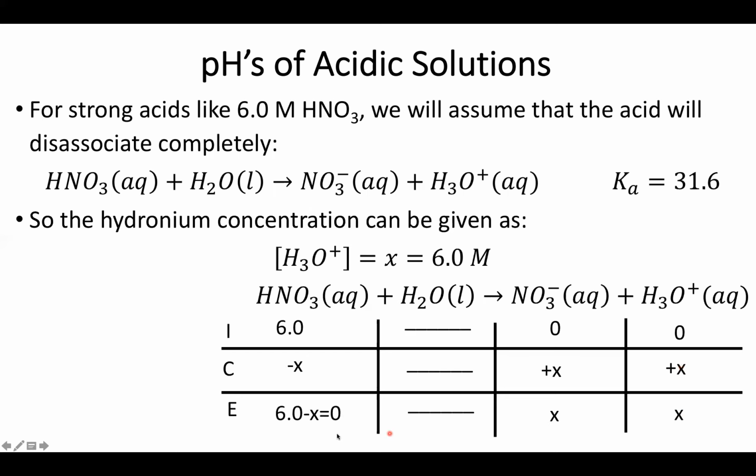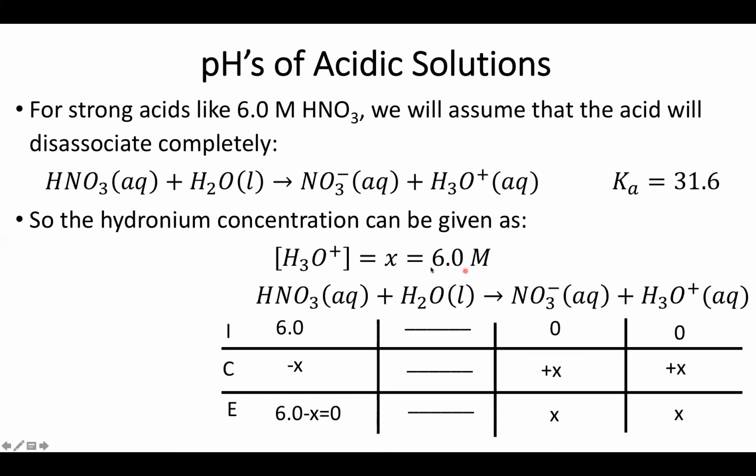So then, if this reaction goes to completion, I know that I will consume all of my nitric acid and my resulting concentration should be 0. And I'll be producing, again, equal amounts of nitrate and hydronium. Well, if I've got no nitric acid left, that means my X has to be 6 molar. And thus, I should have a resulting solution that's 6 molar in nitrate and 6 molar in hydronium.